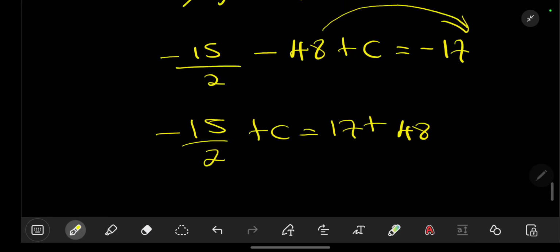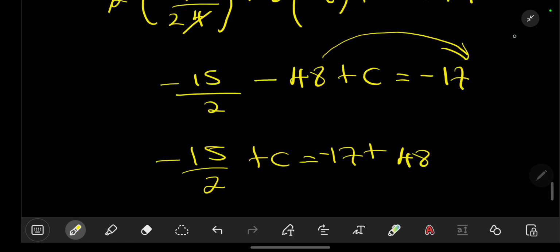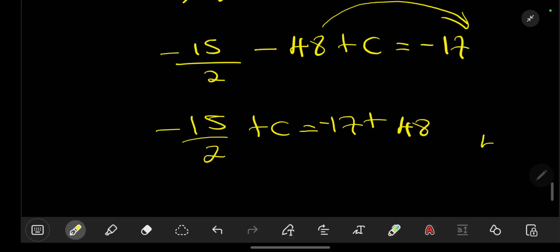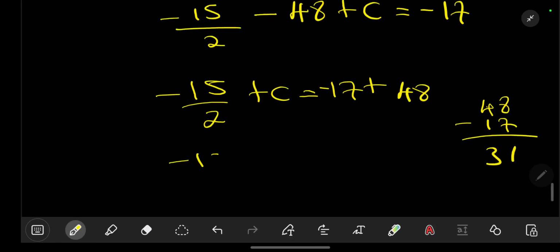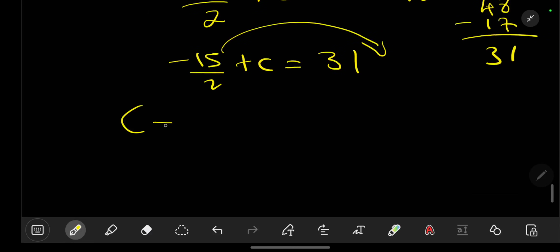So negative 17 plus 48, it is a value that will be equivalent to 48 minus 17, which is 31. So we are going to have negative 15 over 2 plus c should be equal to 31. We take this value to the other side, it will be c should be equal to 31 plus 15 over 2.